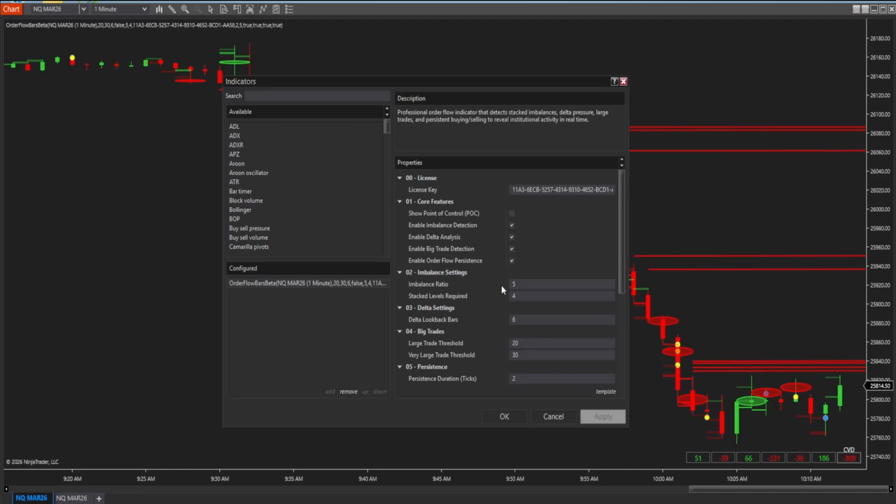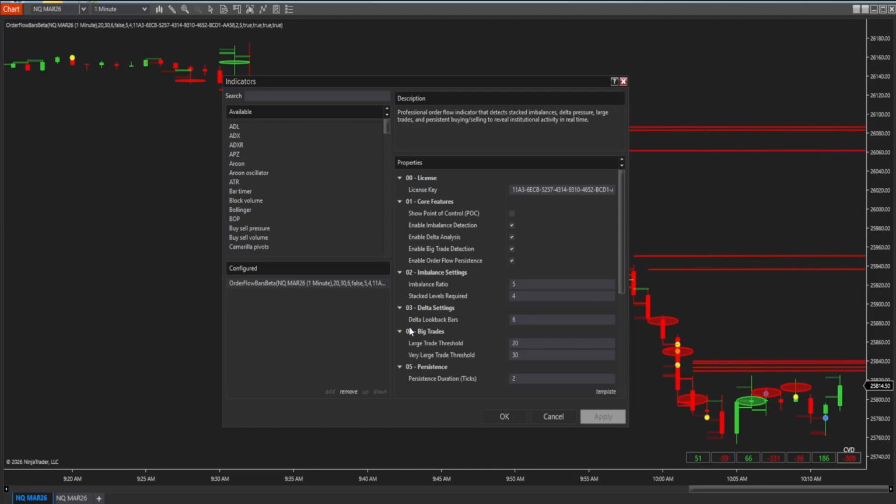Now, the imbalance ratio is set to 5, so it has to be 5 times more buyers or sellers, and then the stacked levels required is 4. So that just means that, let's say at 25,900, it has to be 900, a quarter, 50, 3/4, and then a whole, so 4 levels. If it's 3 levels, then it's not going to show a stacked imbalance area.